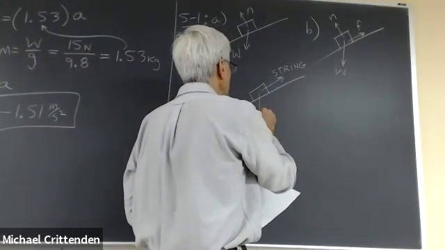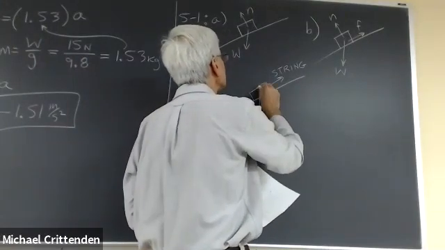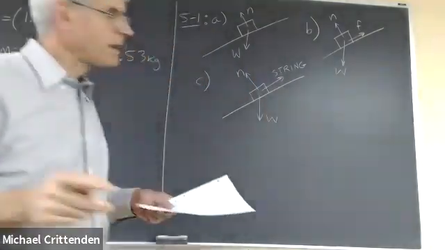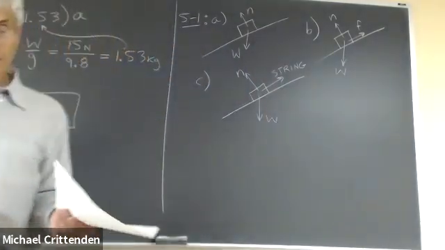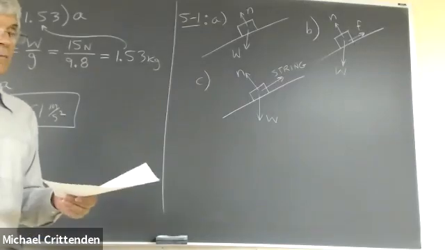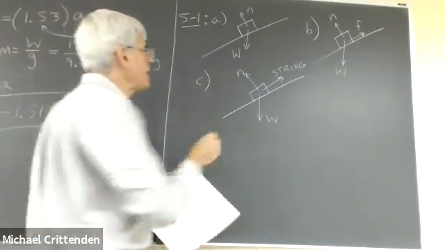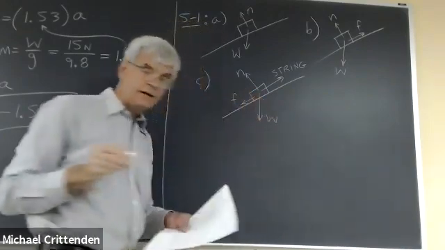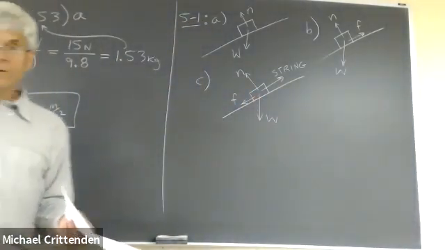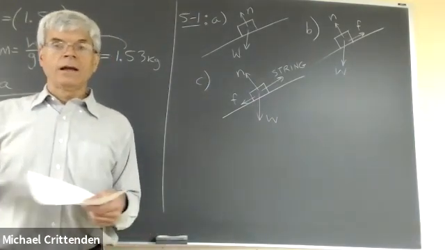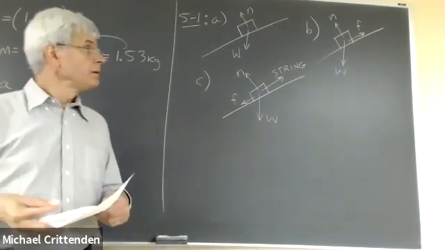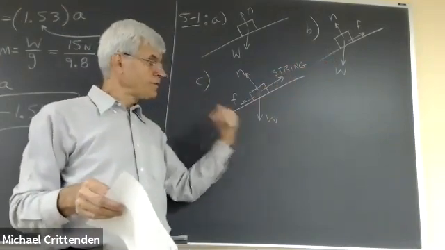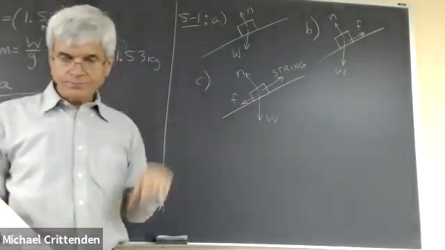There would still be the weight. There would still be the normal force. And there would still be friction, but this time friction points downhill because friction always opposes motion. If the block is going downhill, then friction points uphill. If the block is moving uphill, then friction points downhill.